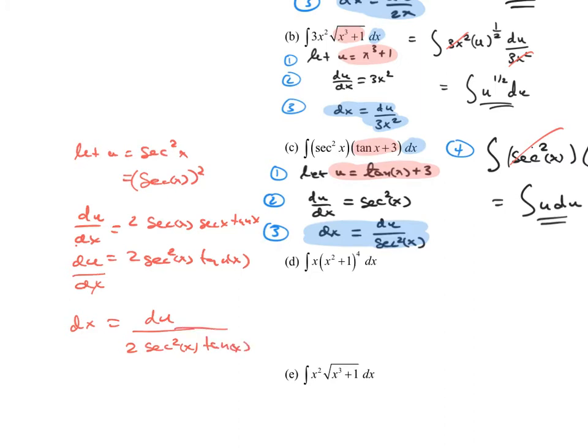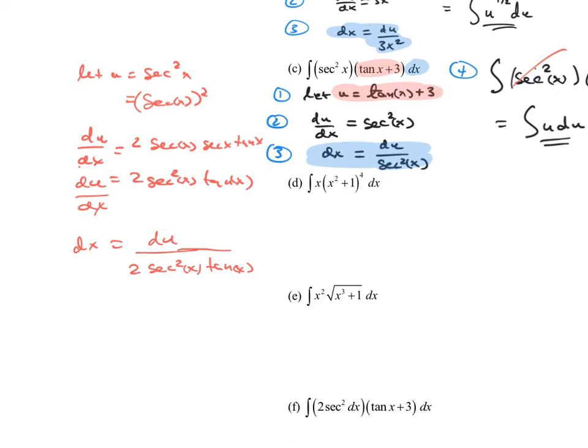And if you went back in to write your integral, you'd have the integral of, instead of secant squared of x, that would be u. And then you would still have tangent x plus 3. And then instead of dx, you'd have du over 2 secant squared of x tangent x.